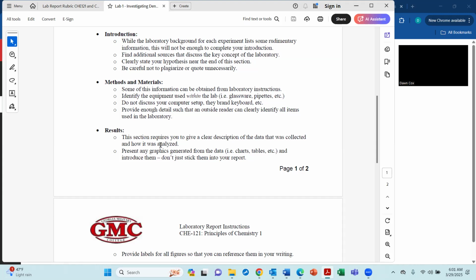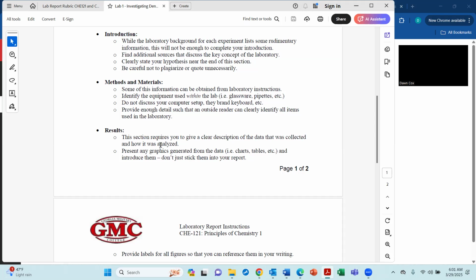So put your data in one place where it's really clear what the data is, like in a table. You can create your own tables too if you want to. So I've had students do that often in their lab reports, and that's just fine. As long as your data is in a really organized fashion, and I can follow it, I can see what it is, and I can see everything, then you're good.